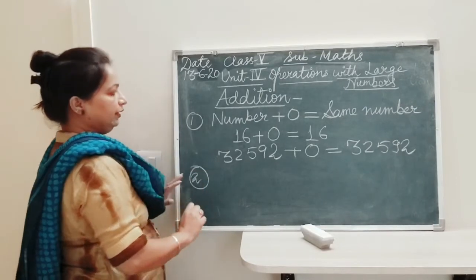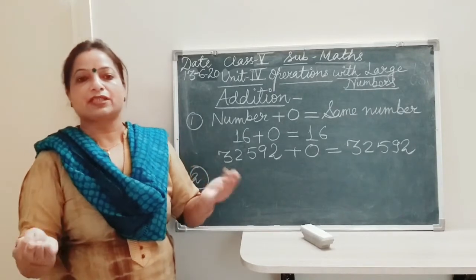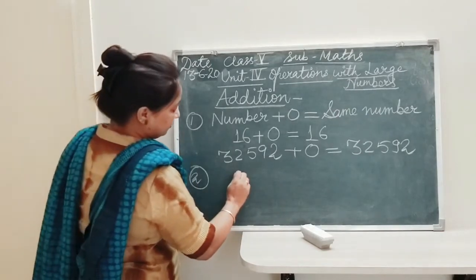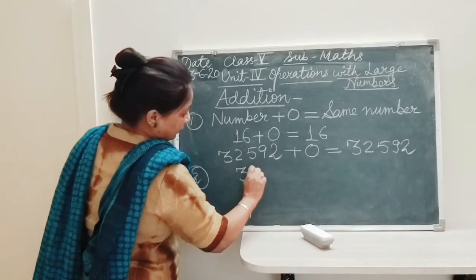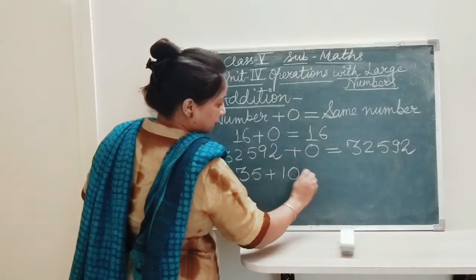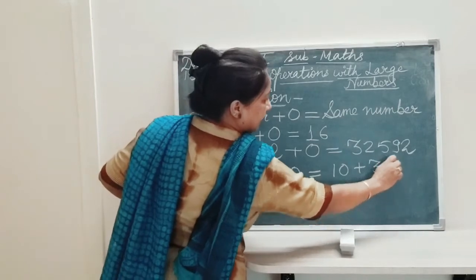And the second property: if you add any two numbers in any manner, the answer will remain the same. That is, 35 plus 10 is equal to 10 plus 35.